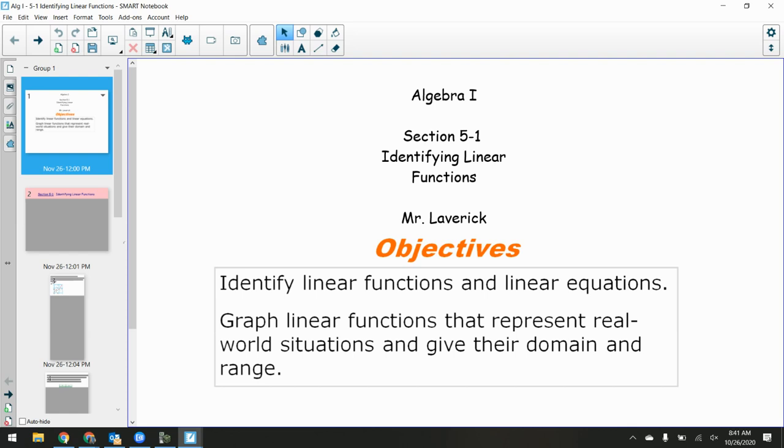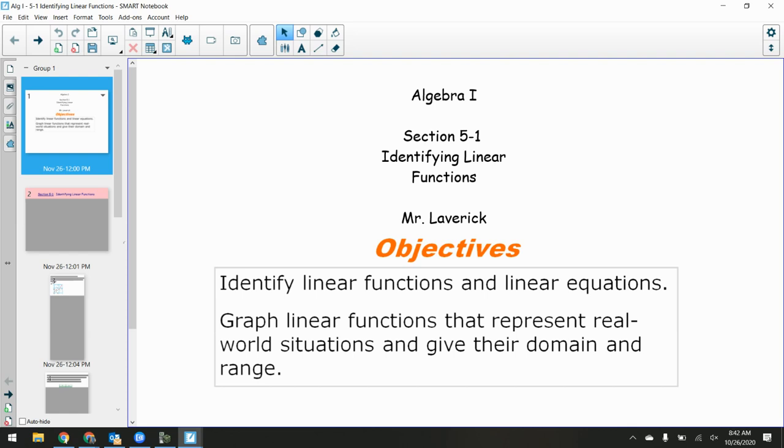In section 5.1, we identify how we know something's linear. In sections 5.2, 5.3, 5.4, we spend a lot of time graphing these functions, and then in the second part of the chapter, we spend a lot of time writing the equations.